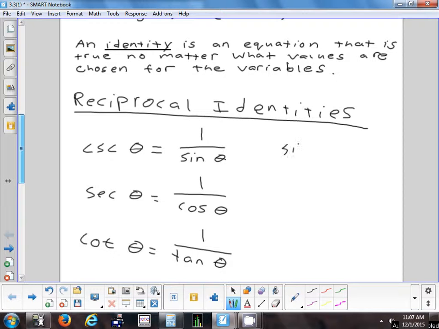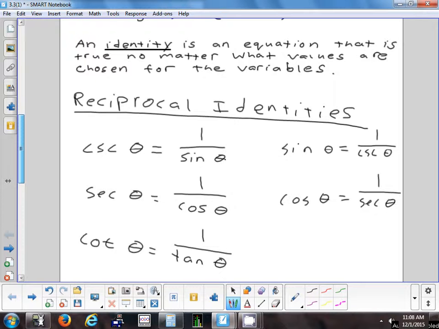I can also write these 3 in a slightly different way, but they're really the same identities. What do you think sine would be? It'd be 1 divided by cosecant. These top two are the same thing. All you've done is switch what was in the denominator. Cosine would be 1 divided by secant.